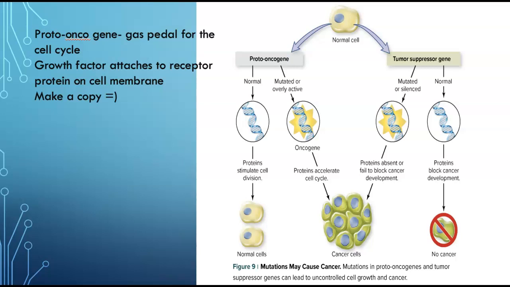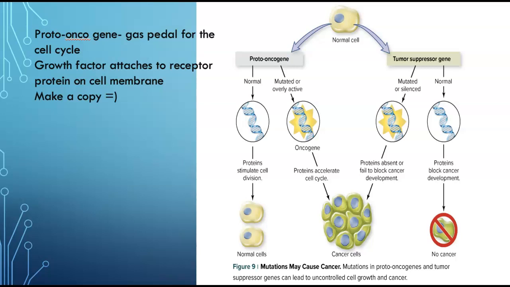Get the idea? Keep copying, and there you now have a tumor forming because you have cells that are not regulated. They're not told to stop after they reach a certain number of divisions. They're not told to pause or anything like that. So literally the gas pedal signal stays on, and now their cells grow uncontrollably. So there's one possible problem there.